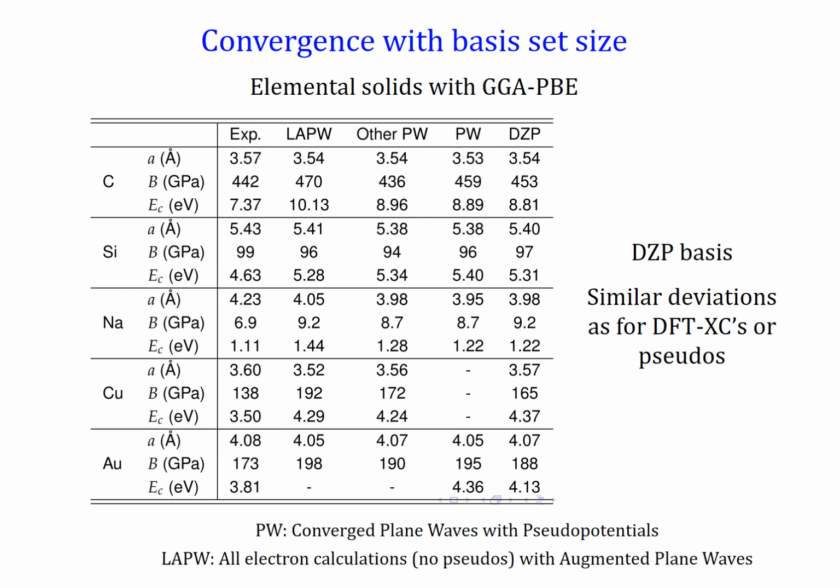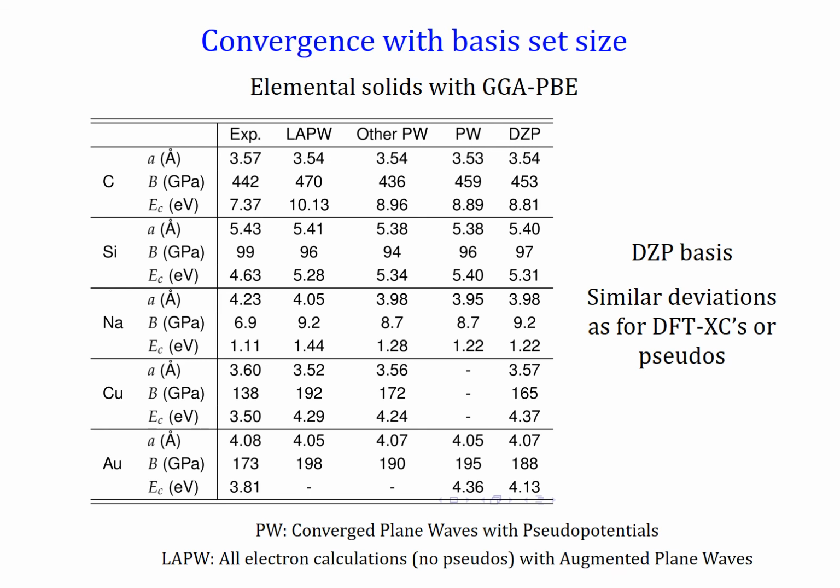So you can see how it changes from experiment to DFT, from DFT to having pseudopotentials, two different pseudopotentials, and from having pseudopotentials and plane waves to pseudopotentials and a double zeta p basis.